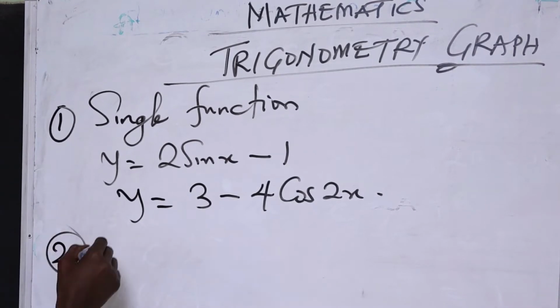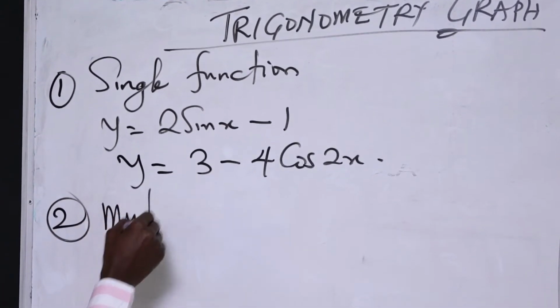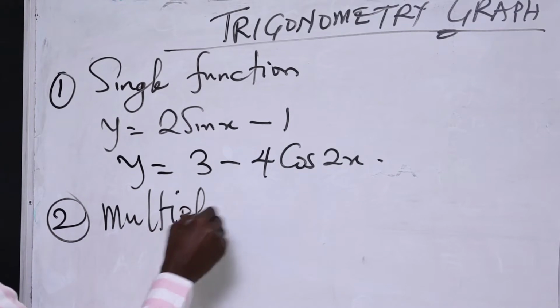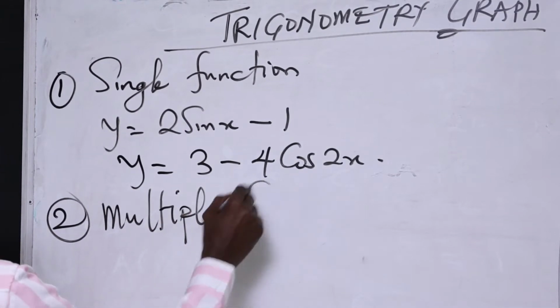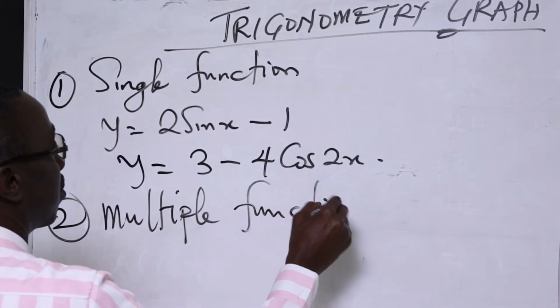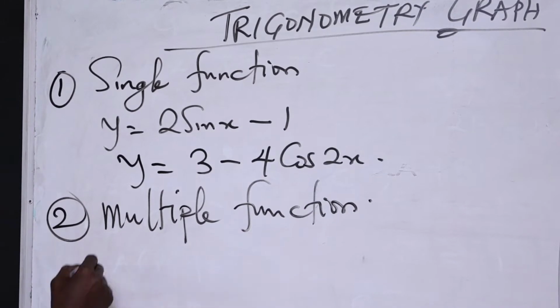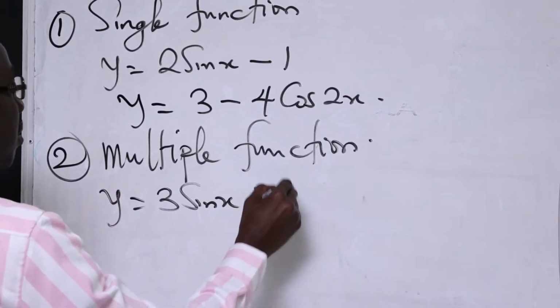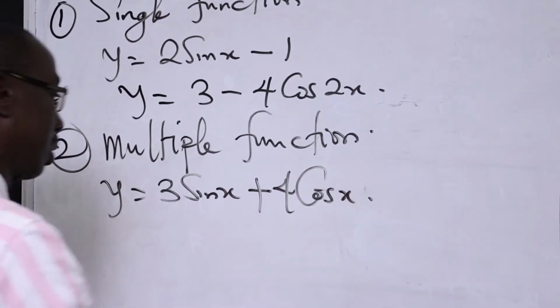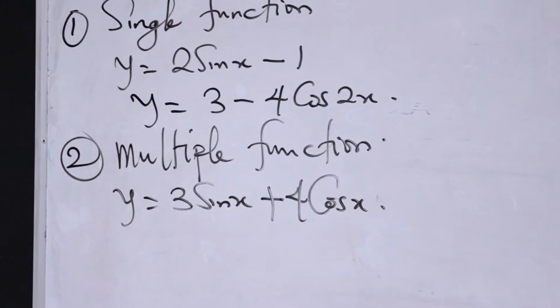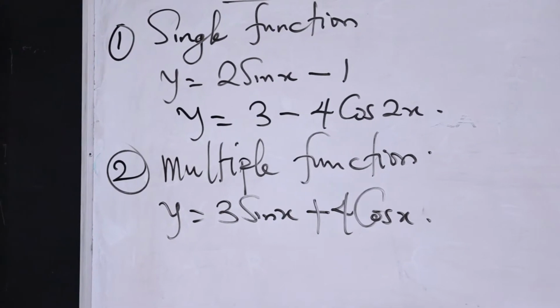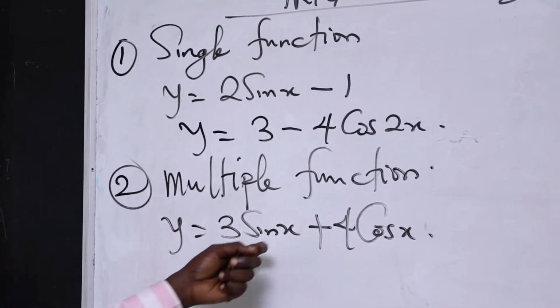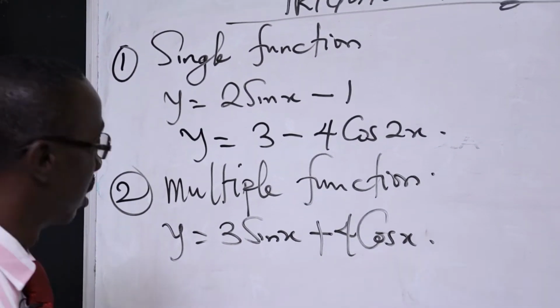The second type is a multiple function. I call it multiple because it's more than 1. And you can have y is equal to 3 sine x plus 4 cos x. How many functions do we have here? 2. And it is the sine and the cos.